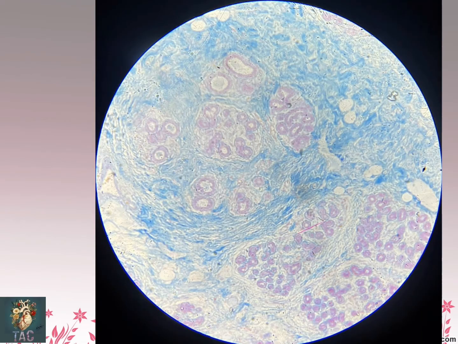Again another slide, and here you should differentiate between two types of connective tissue. The one connective tissue which is closely present in relation to this glandular element is basically loose connective tissue. You can differentiate this tissue from this area. This is the Masson's trichrome stain, in which you can see one type of tissue is this and the other is this.